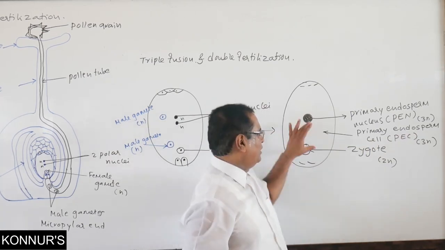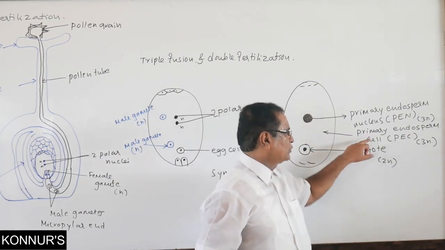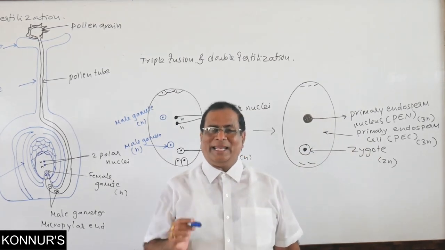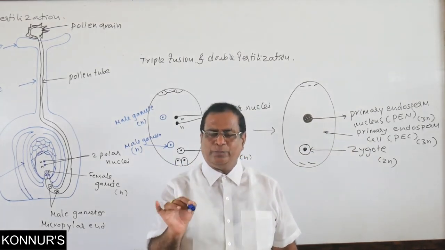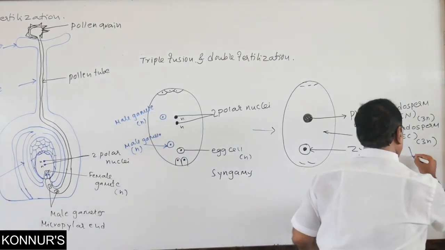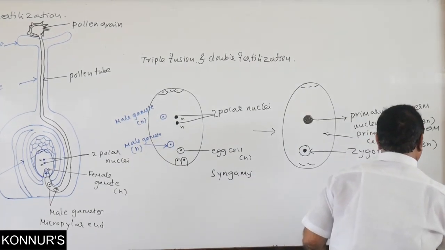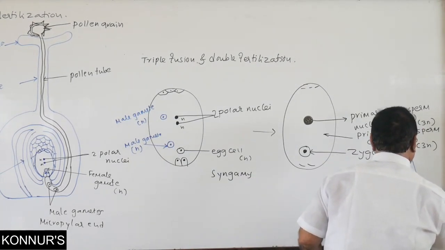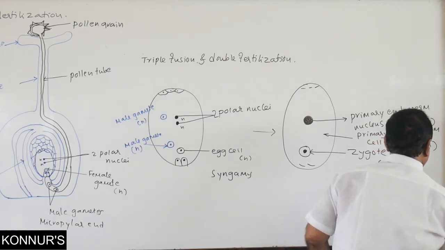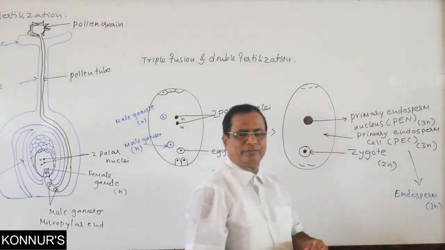And remember, from this primary endosperm cell, there is a formation of a triploid tissue, that is endosperm. After fertilization, endosperm will form, and is an example for triploid tissue.